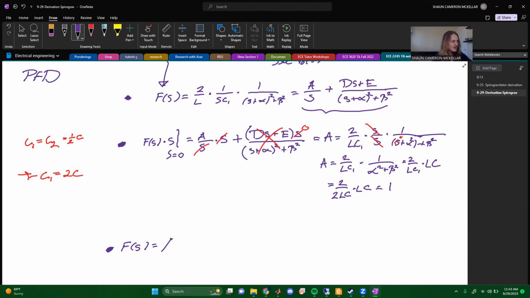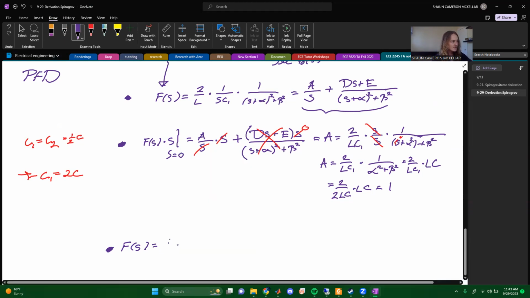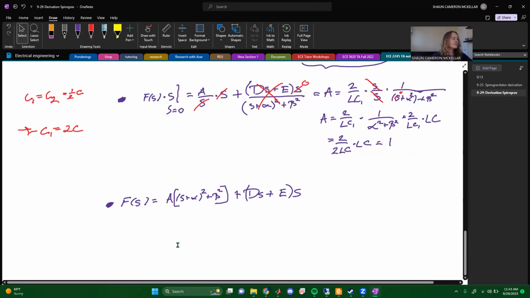So I'm going to have A times S plus alpha squared plus beta squared plus ds plus E times S. And then that's all divided by my denominator, S times S plus alpha squared plus beta squared.